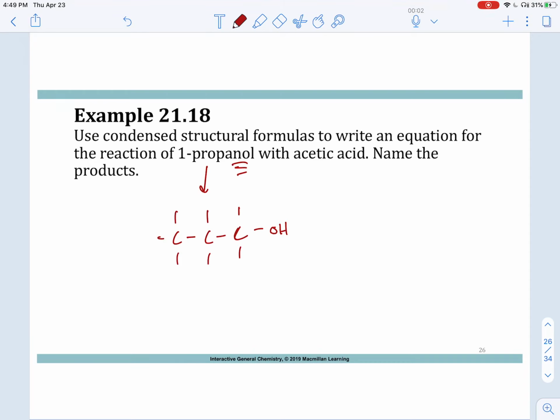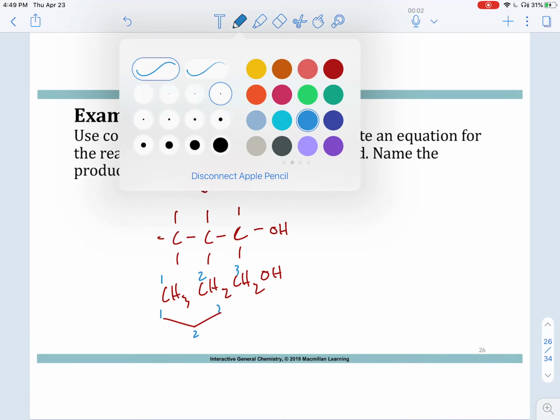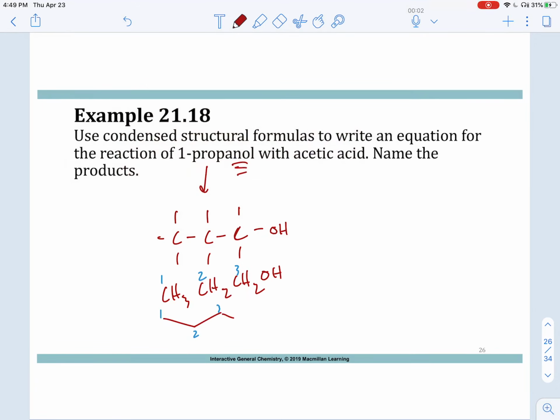And all those lines are going to be our hydrogens. So we've got CH3, CH2, CH2, OH, for example. Or if you want to do the skeletal structure, 1, 2, 3, it's just good practice. 1, 2, 3. 1, 2, 3. Even though I don't think the book even has you do these, I still like to show these to you. OH.